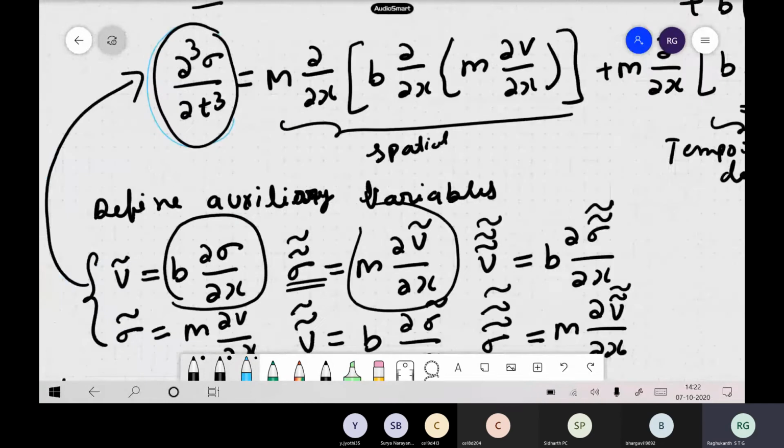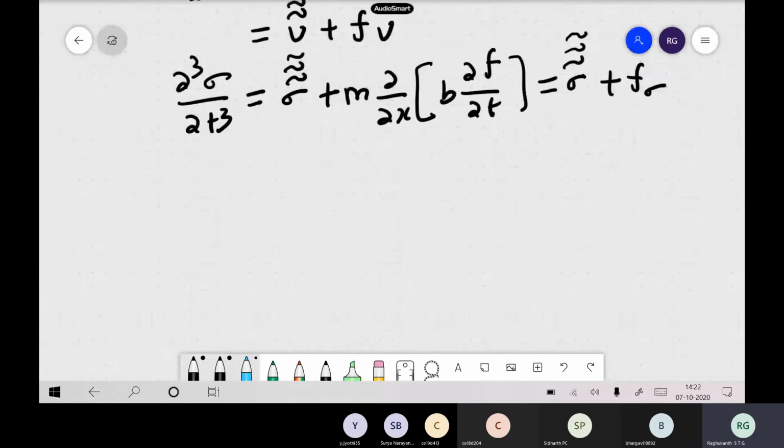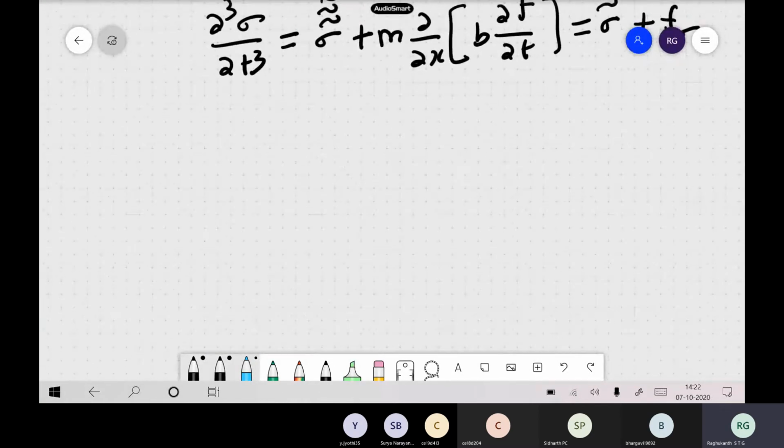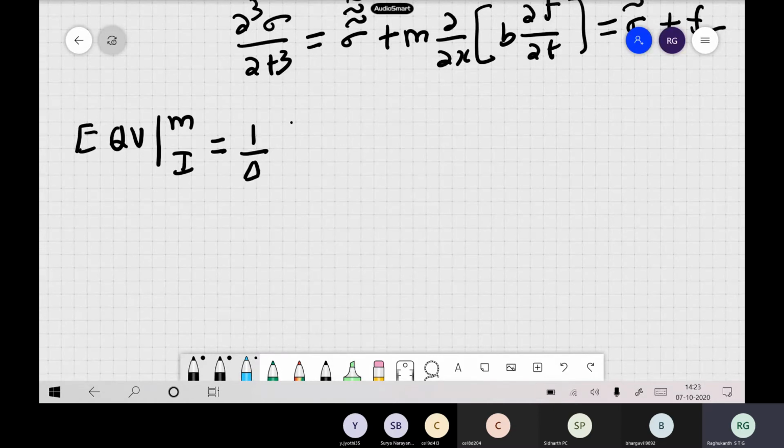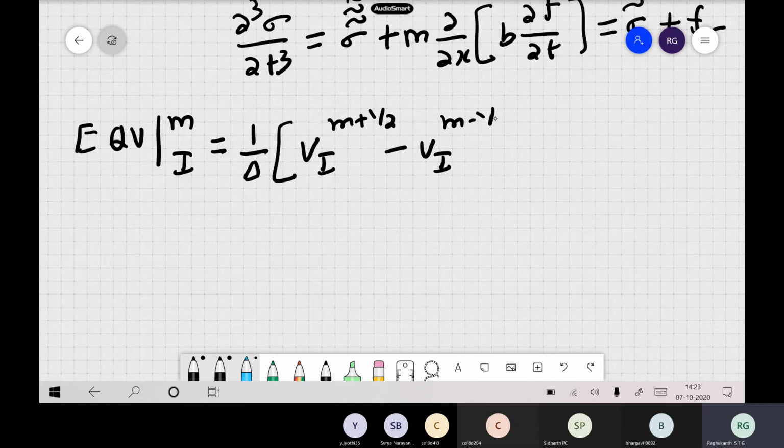Now if we do all the summation, all the calculus and all the algebra, finally the equations will be like this. So eq v, at m and i, you have to substitute. So 1/Δ, we have v_{i,m+1/2} minus v_{i,m−1/2}. This term will be there.